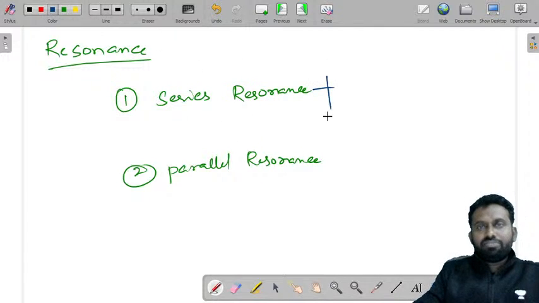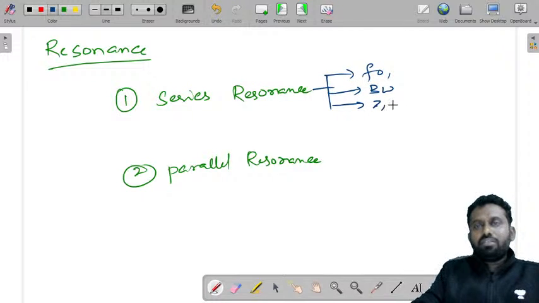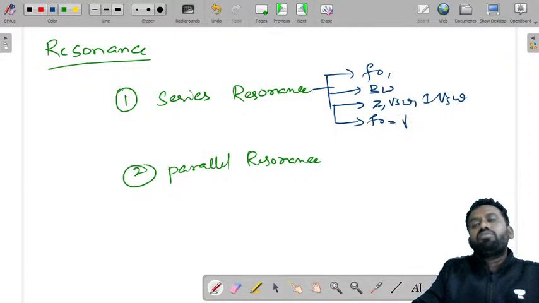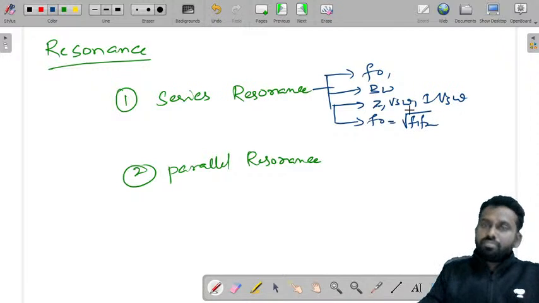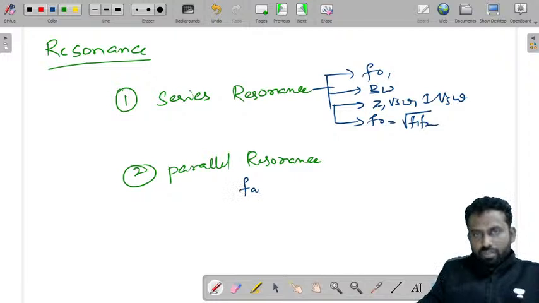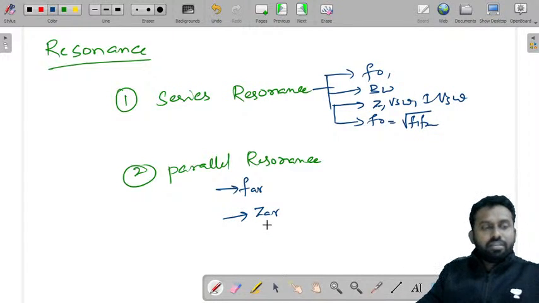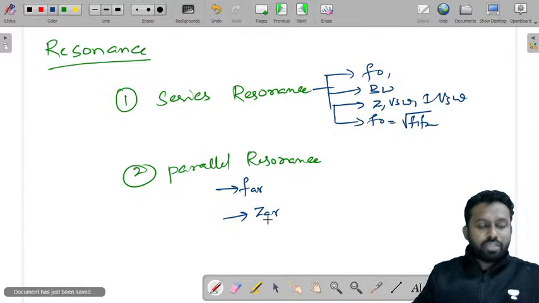In series resonance, we found F naught, bandwidth, Z versus frequency, I versus frequency, as well as F naught is equal to root F1 F2. In parallel resonance, we found what is FAR and what is ZAR also. And we tried to solve some problems based on them.